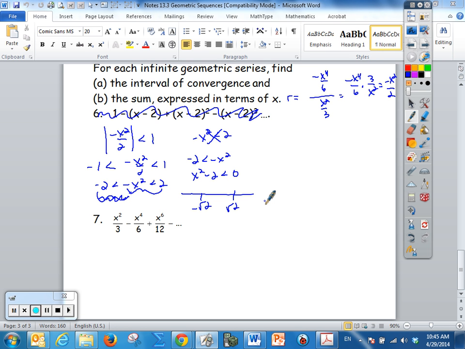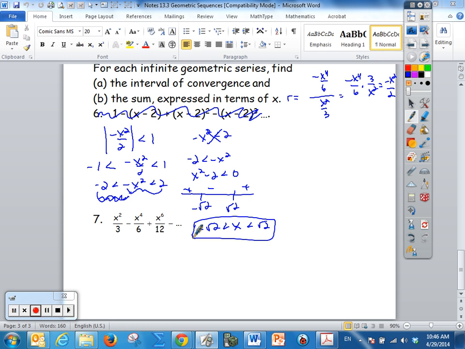I don't think I need to show the factoring part. Then I check my signs, and my signs turn out to be plus, minus, plus. Which section do I want to keep? The negative one, right? Because we want to be less than 0. So this is my interval of convergence from negative root 2 to root 2.